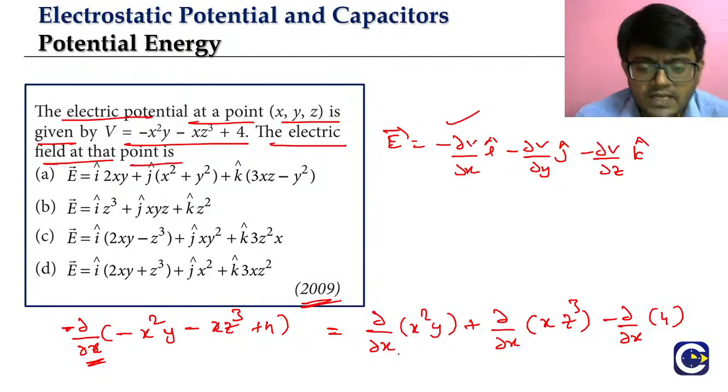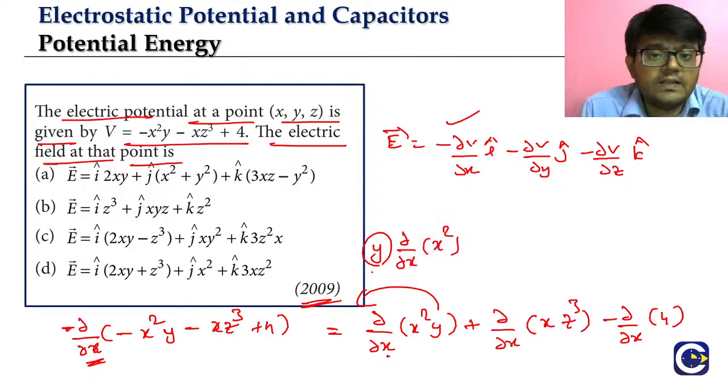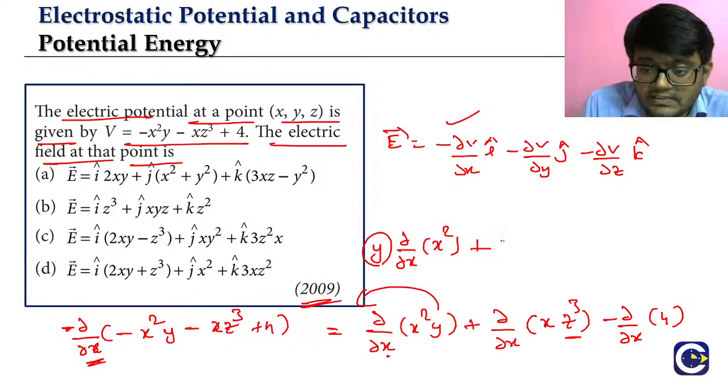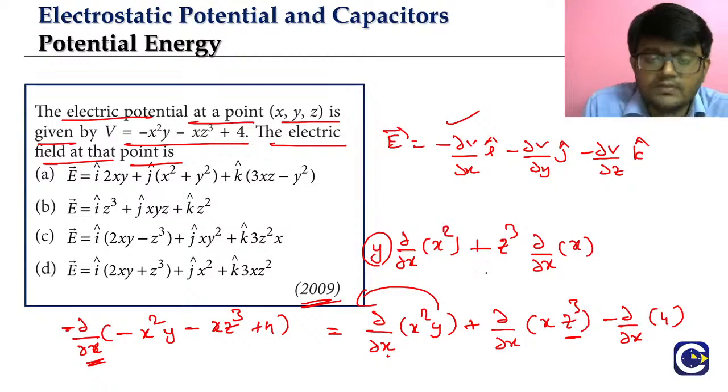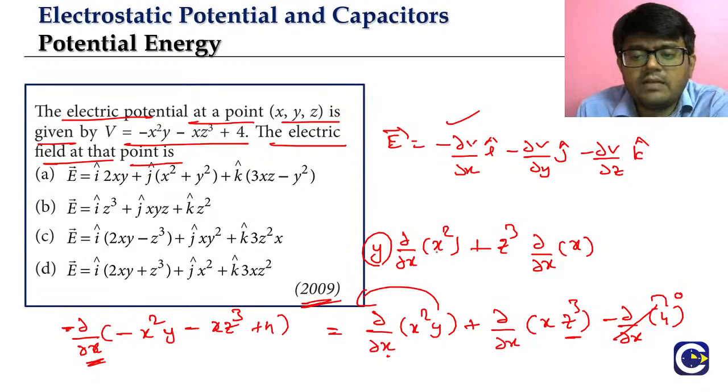Taking the partial derivative with respect to x, y will be a constant, so y comes out. Second term, z will be a constant, so z cube comes out. Third term, derivative of a constant is 0. Now in the first term, derivative of x square is 2x.